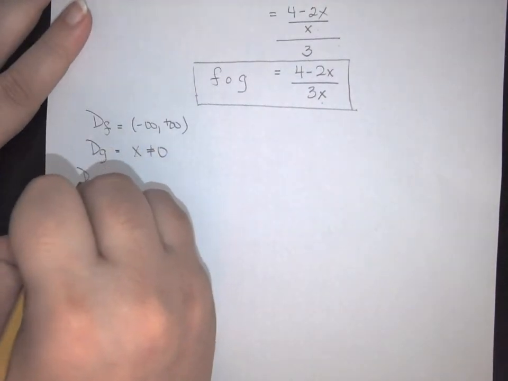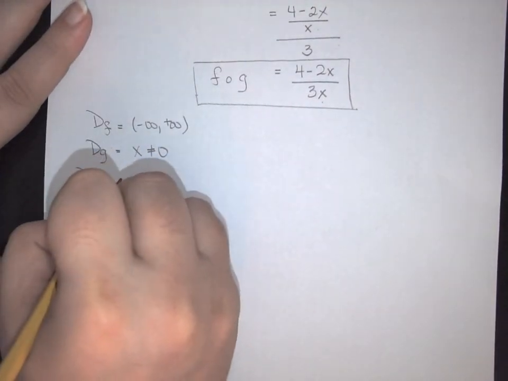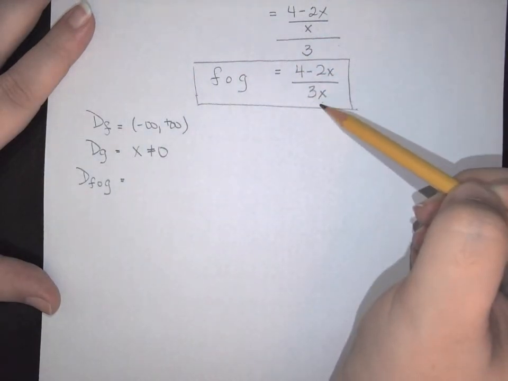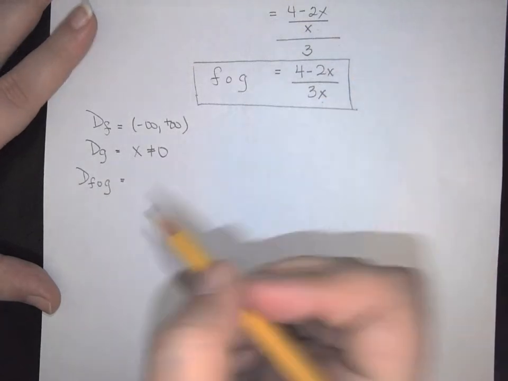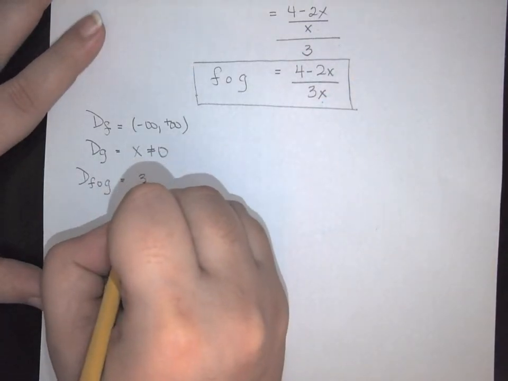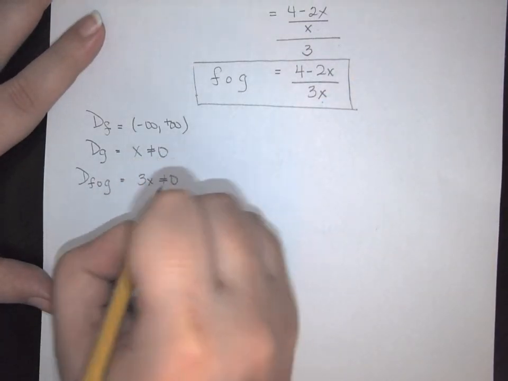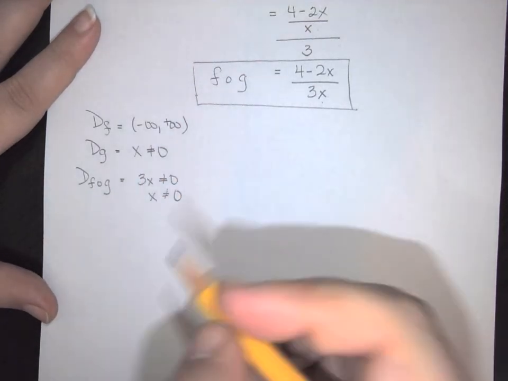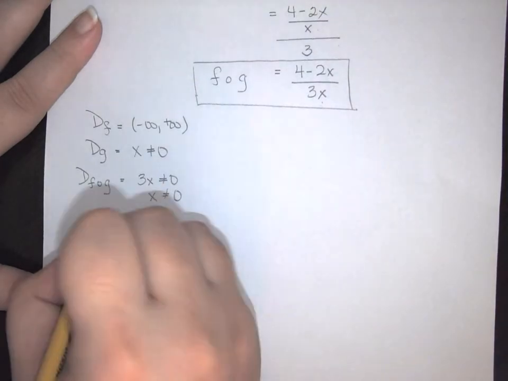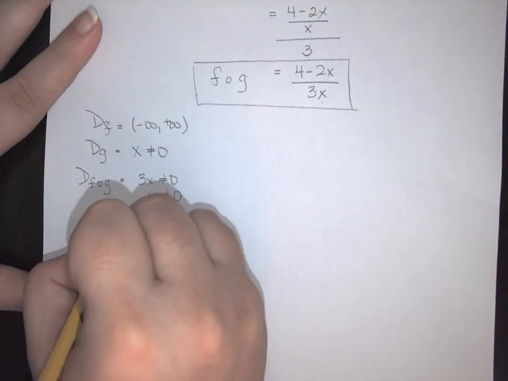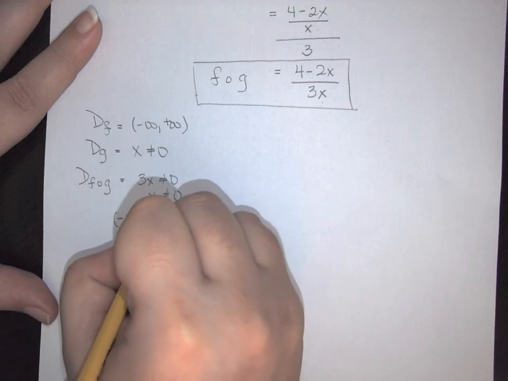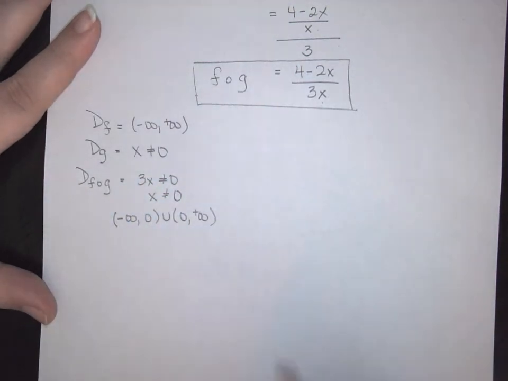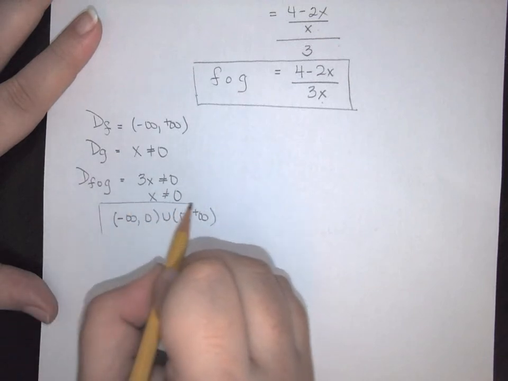So the domain for my f of g is going to be such that I cannot have a 0 in the bottom. So what I know is that my 3x cannot be 0, so x cannot be 0. What that also means then is that my domain here is going to go from negative infinity to 0, union 0 to positive infinity. And this is the domain that we were looking for.